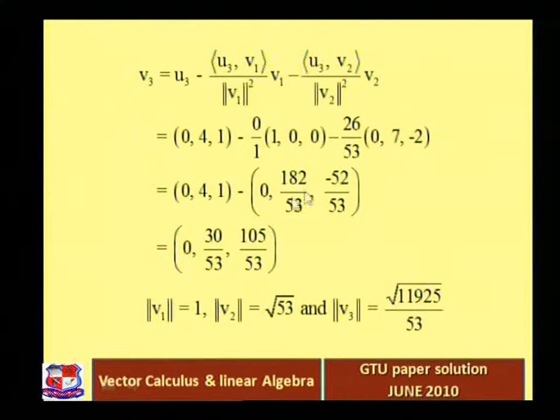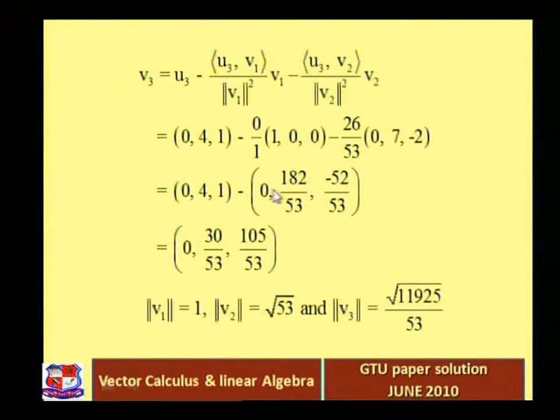So first of all multiply these coefficients with the brackets, so you will get 0 4 1, minus 0 into 1 0 0, that is 0 0 0, so you don't need to write this second step. This is 26 by 53 into 0, that is 0, 26 by 53 into 7, that is 26 into 7, which is 182 divided by 53. This is 26 by 53 into minus 2, that is minus 52 divided by 53.